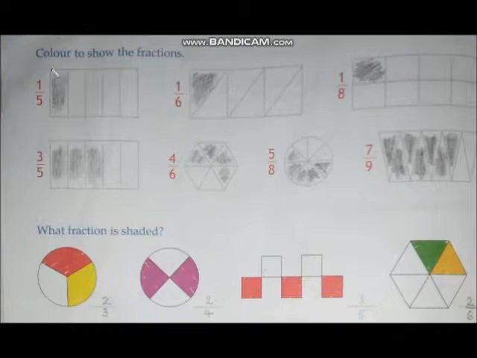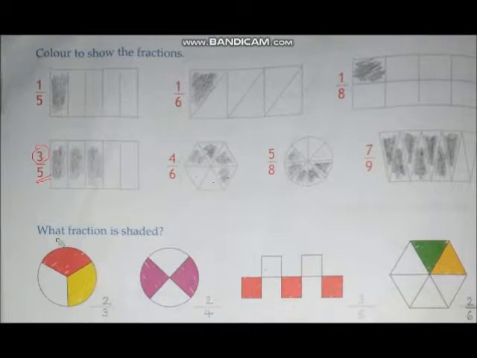Now if we have to color the fractions, so the fractions are given and we have to color according to the numerators only, because in the denominator there will be parts of the figure. So for example 4 upon 6. There are 1, 2, 3, 4, 5, 6 parts, and we have to color 4 parts only.